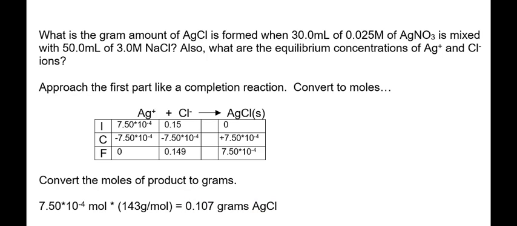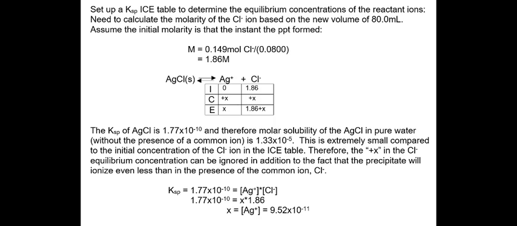We deal with the next part using the skills from 152 that we've learned recently. What are the equilibrium concentrations of the silver and the chloride ion? Now we'll use the solubility product constant for silver chloride and set up an ice table to determine the equilibrium concentrations of the remaining ions, the silver and the chloride.